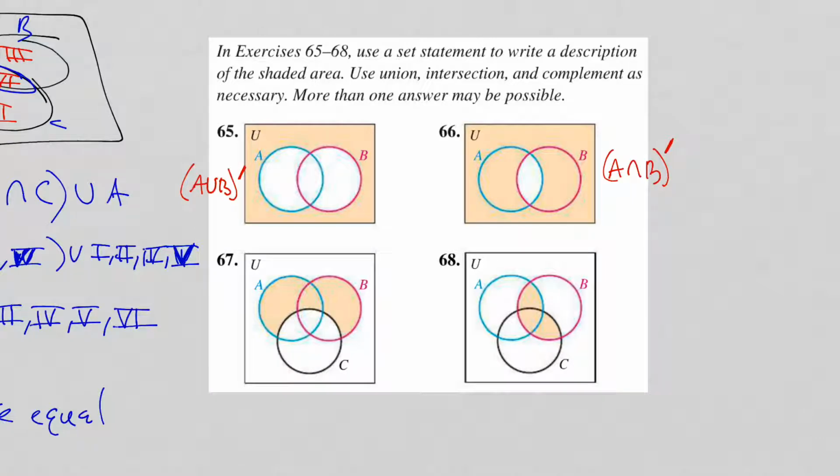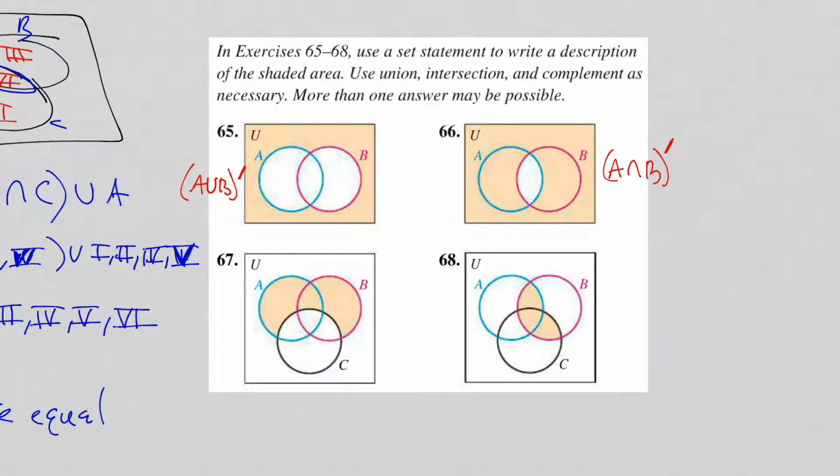67. Now we have 3 sets. Okay. So these are a little bit trickier, but let's take a look at what's shaded. So what's shaded is basically most of A and B. The only part that's not shaded is C. So how could we describe basically all the regions between A and B, but not C?